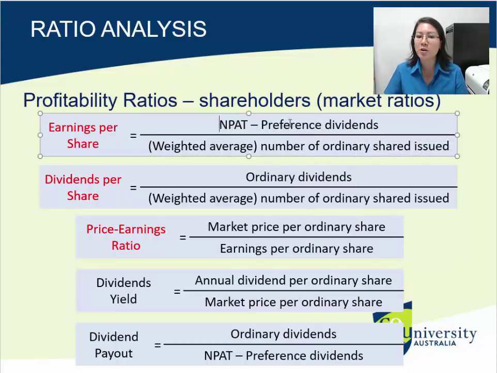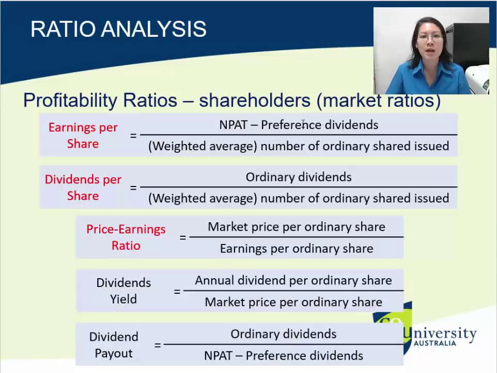So if I'm expressing my dollar figures in millions, I also need to express my number in millions as well. So whatever denominator your financial statements are expressed in, you need to also express your numbers of ordinary shares in that same denominator.